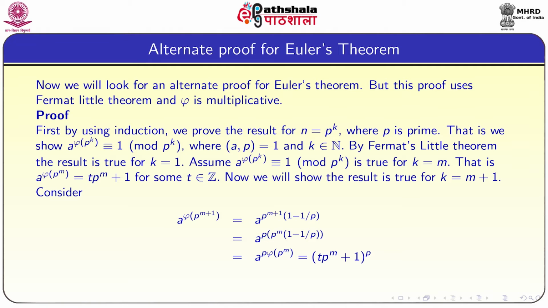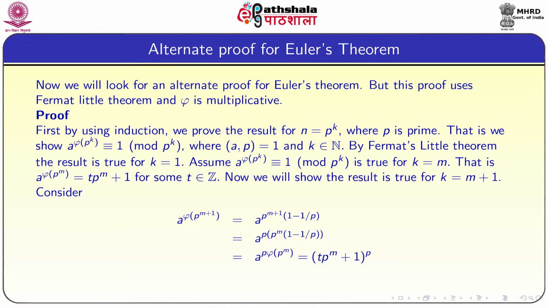So, consider a^φ(p^(m+1)), which is equal to a^(p^(m+1)(1 - 1/p)), that is the definition of φ(p^(m+1)). So, that is equal to a^(p · p^m(1 - 1/p)). So, this is also equal to (a^φ(p^m))^p.